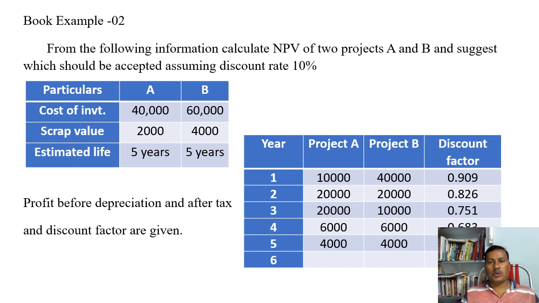So we can go through the question. They have given you the particulars of the project A and B, cost of investment, scrap value, estimated life, on one table. Another table they have given the annual cash inflows and discount factor for the 5 years.